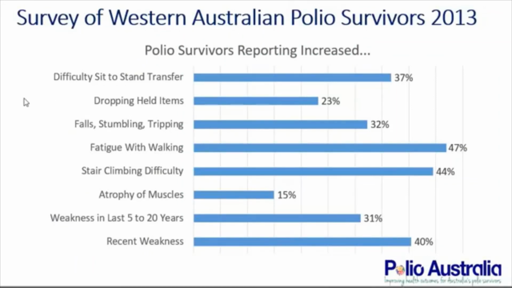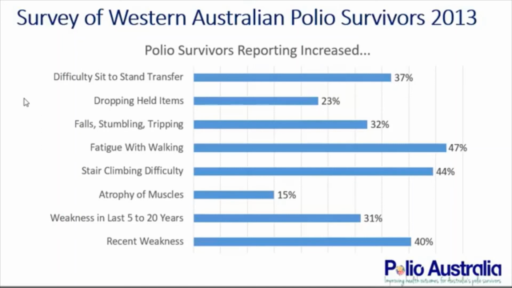Different studies across the world have asked polio survivors functional questions, and the Polio Western Australia survey was no different. It came to similar conclusions: that mobility is certainly affected by the late effects of polio and post-polio syndrome.